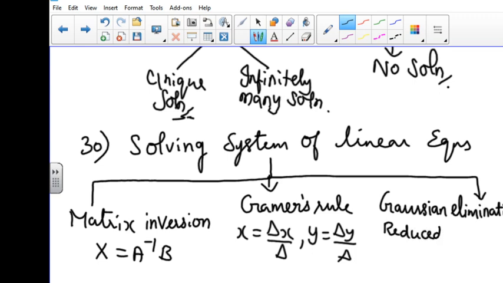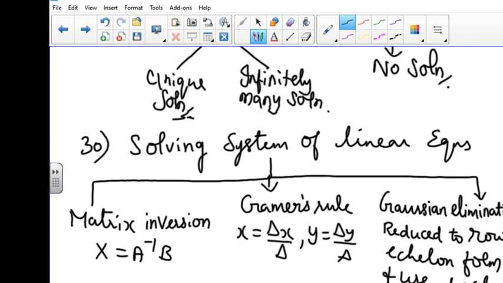So for solving the system of linear equations, we are using three types.